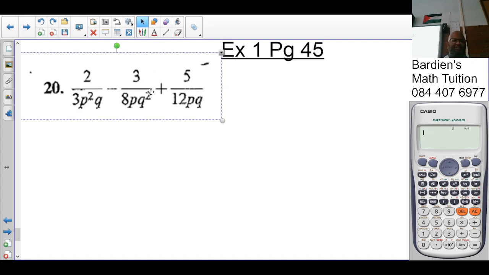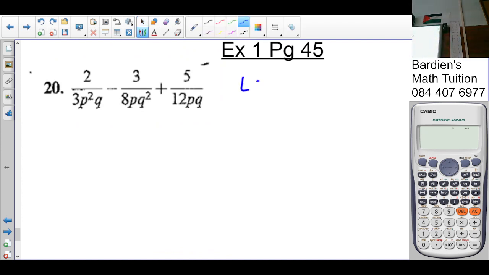Right, number 20. Cavalito, go for it. What's your LCM? 18. 12 can't go into 18. 24 is absolutely correct. It's P squared.